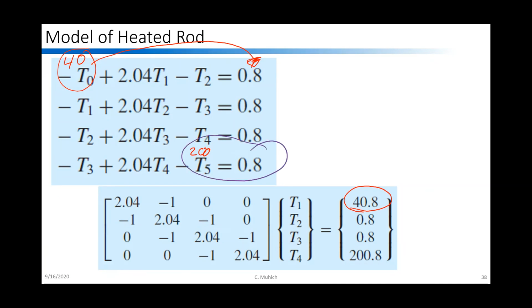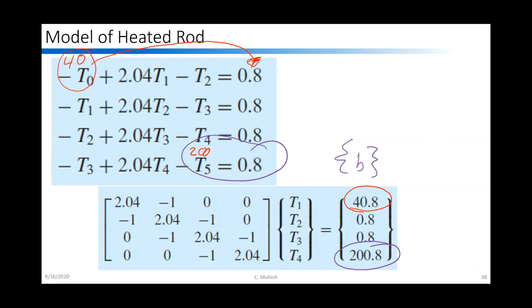I'm going to move that negative 200. It becomes 208 in what we've classically been calling our B vector. In here, we had this T0 and this T5. Once I move that over, since those are constants, they're not very interesting. So I'm only left with actual variables of T1, 2, 3, and 4.